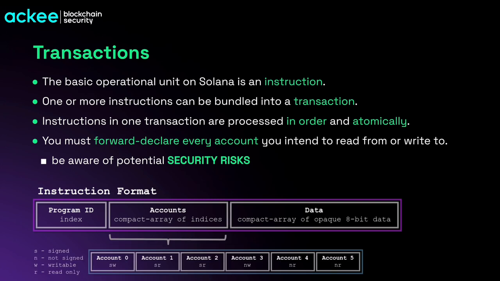If we look at the accounts, we can specify different amounts of accounts that we need in terms of our transactions. So if we need to have, for example, 5 different accounts, in this case we're specifying 5 or 6 different accounts. All of these accounts can be signed, not signed, writable, or also read-only.